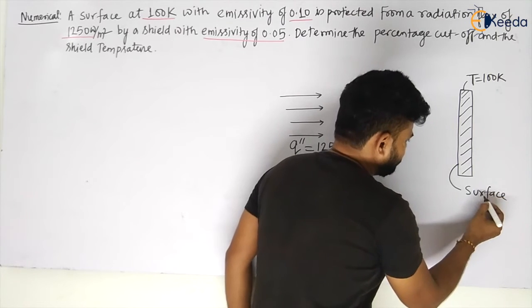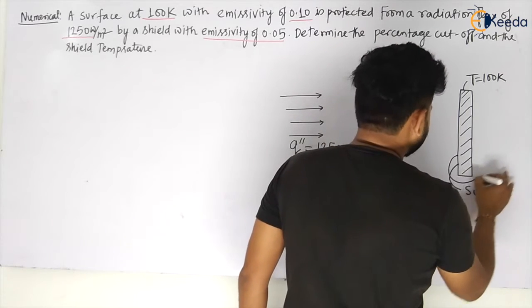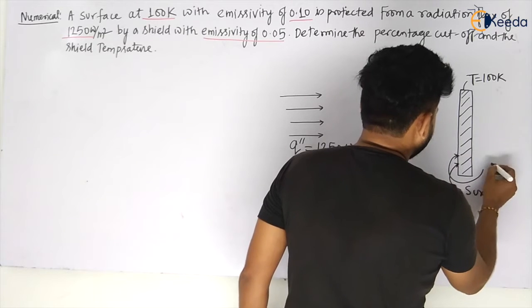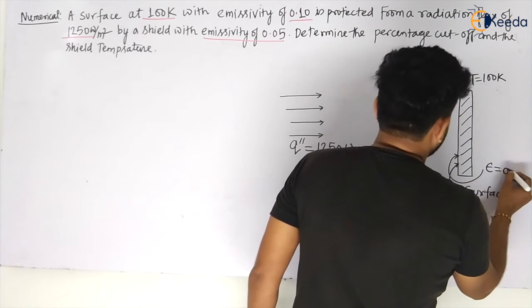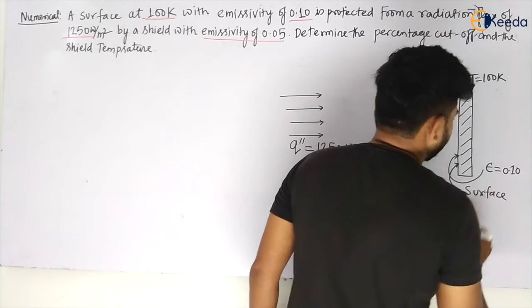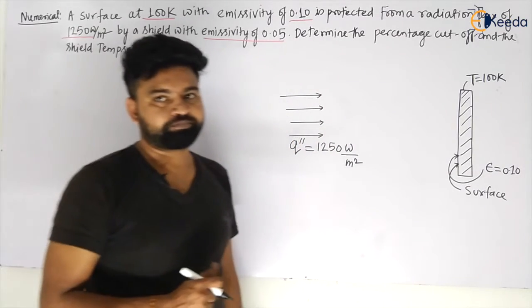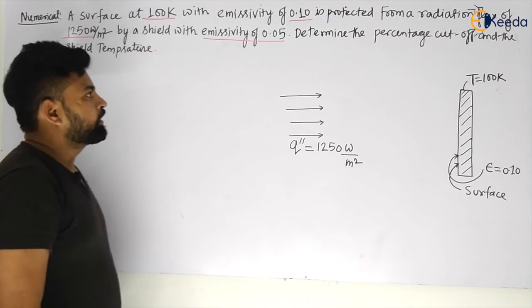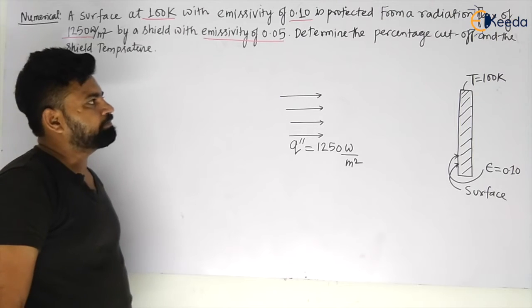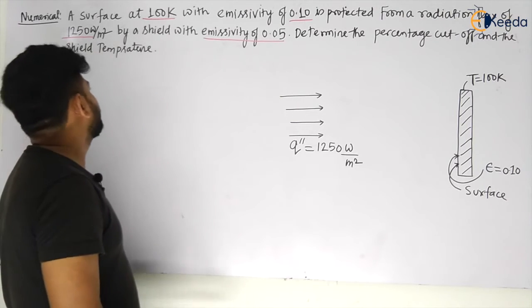And what is the emissivity of this surface he has given? The emissivity of this surface is given to be E is equal to 0.10, my dear students. Now he is asking the percentage cutoff and the shield temperature.